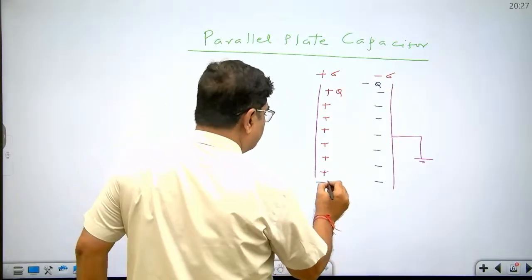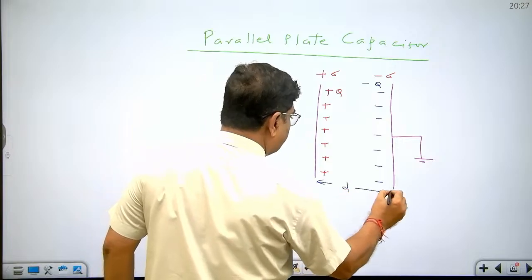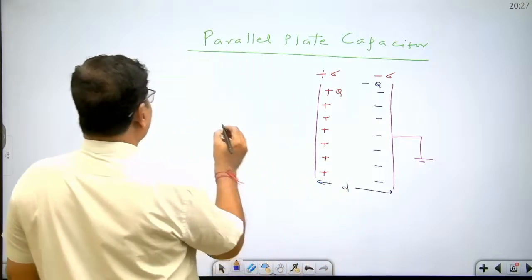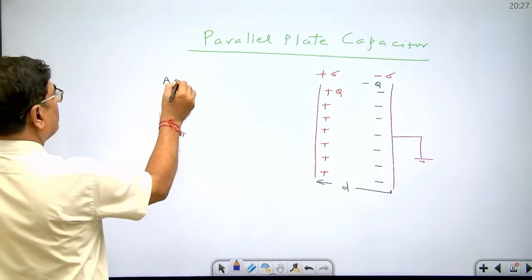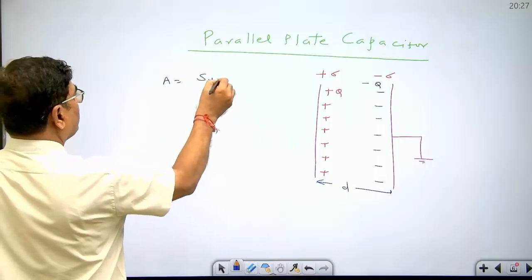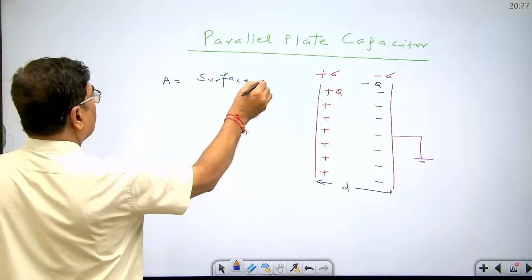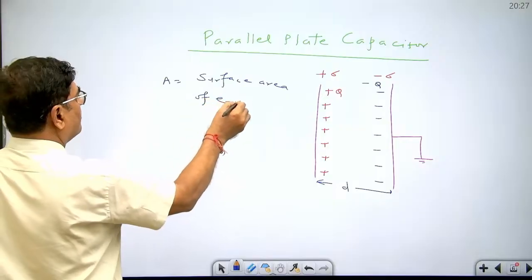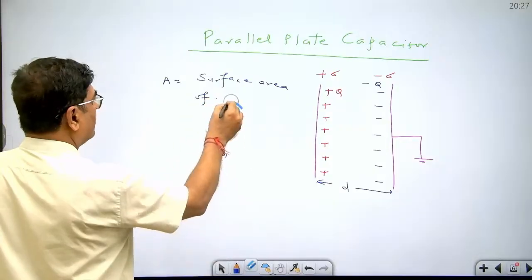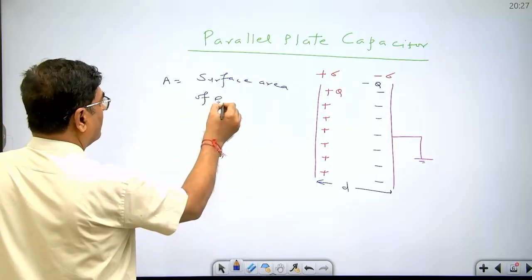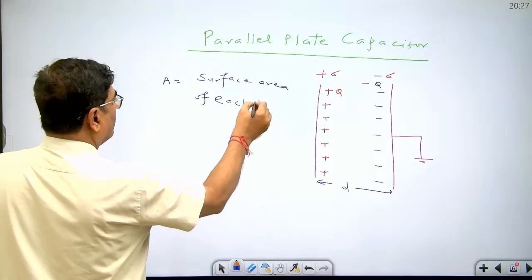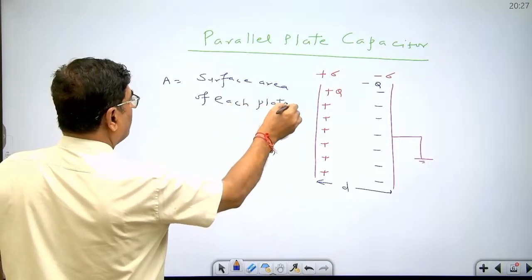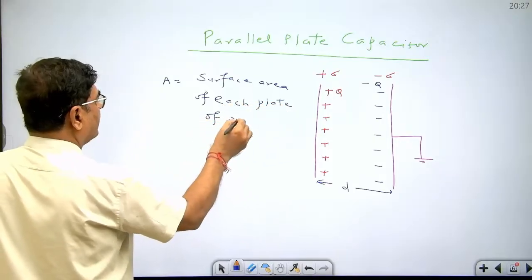Let us assume the separation between the plates of the capacitor is D and capital A is the surface area of each plate, of one side.